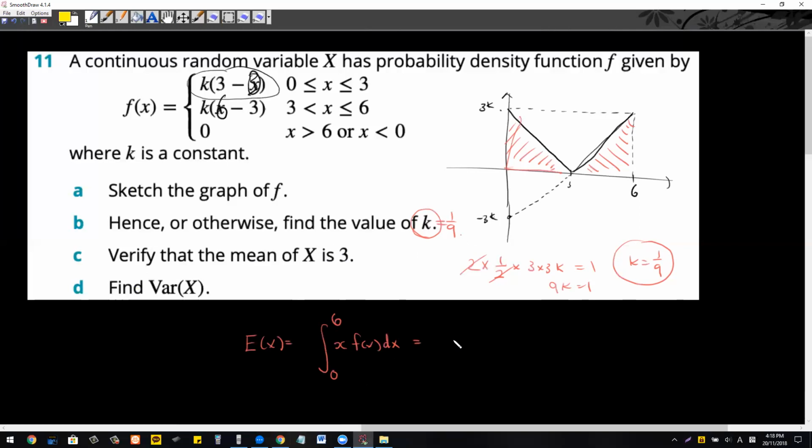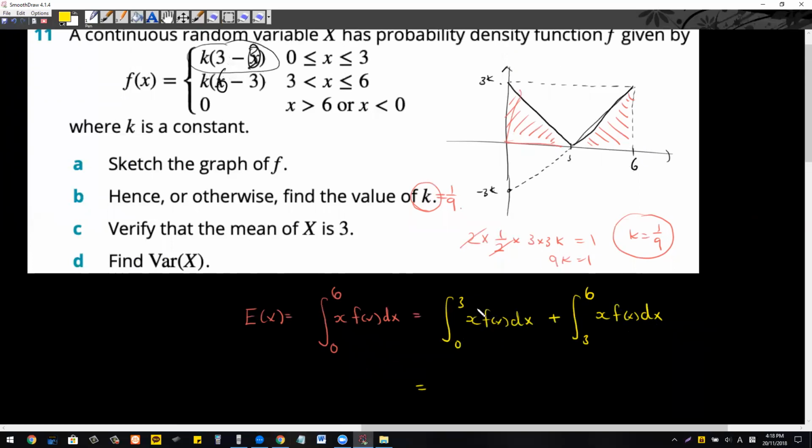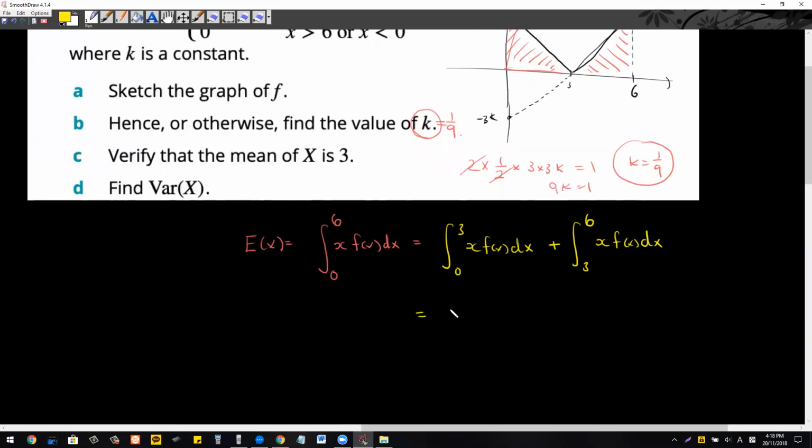So we need to separate this into 2 parts: the integral from 0 to 3 of x f(x) dx, plus the integral from 3 to 6 of x f(x) dx, because we have to use separate functions for 0 to 3 and 3 to 6. Well, they're symmetrical, so we can just double it again. Can we?